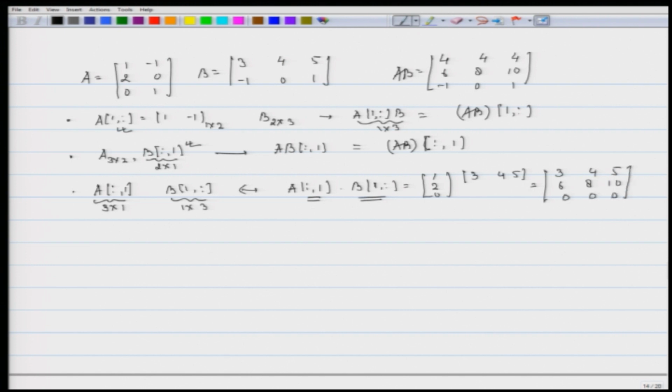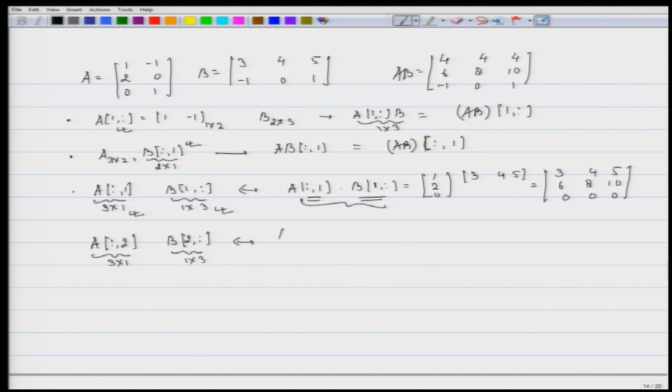All right. So I could talk of this. So this was corresponding to the first column, this was corresponding to the first row of B. Now I would like to look at second column, which is again 3 cross 1, and corresponding row of B, which is 1 cross 3.